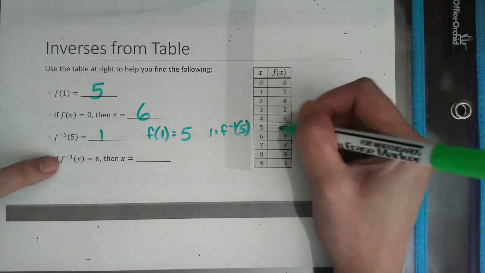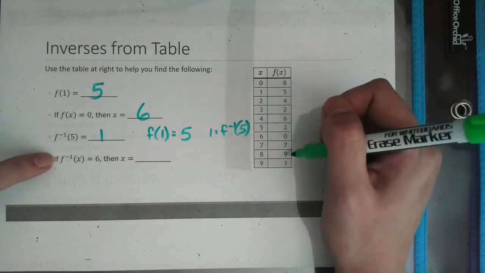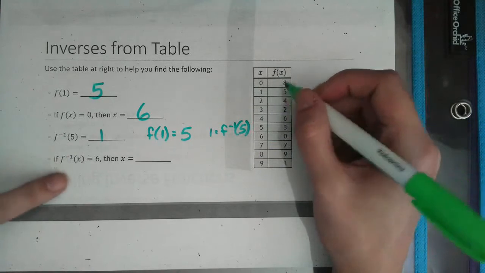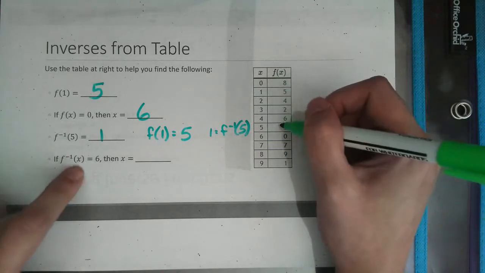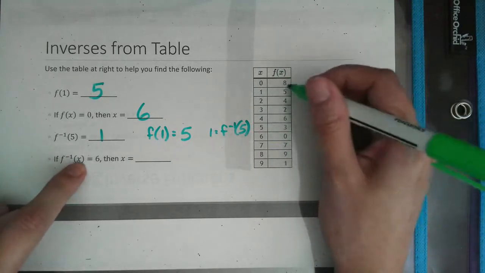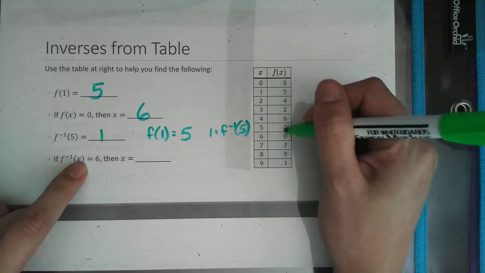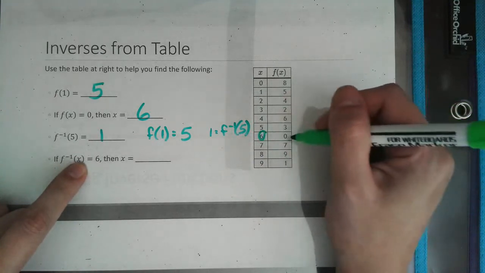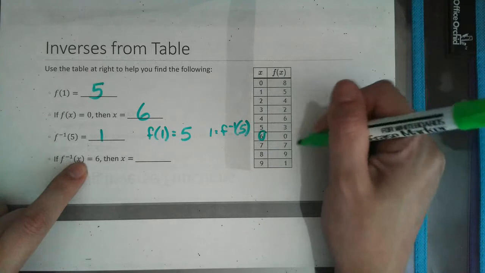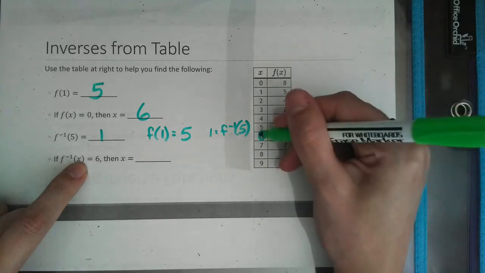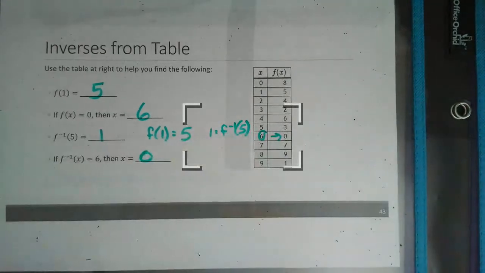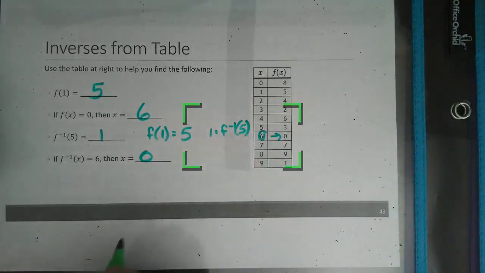So if f inverse of x is equal to 6, I'm starting in this column, I need to figure out what x value to pull from here, but I know that I'm going to get 6 out. When I look at the value of this column, I'm going to get a 6 out, so I'm going to get 0.